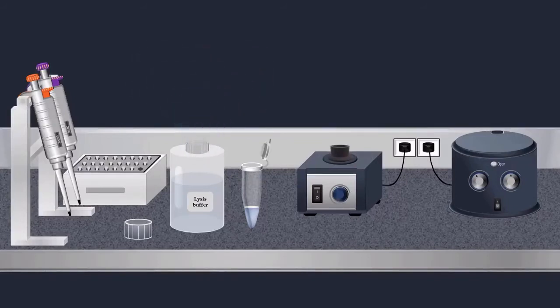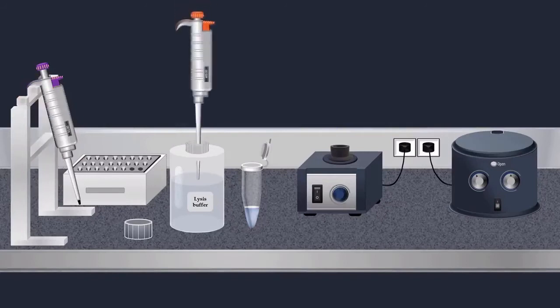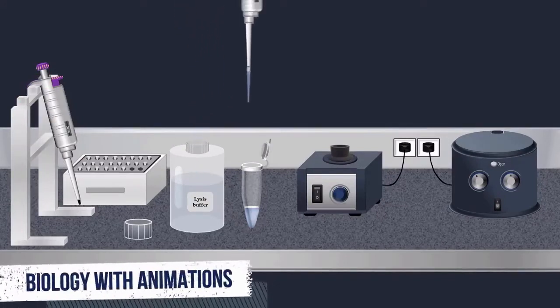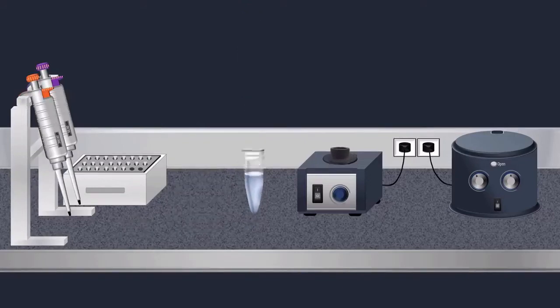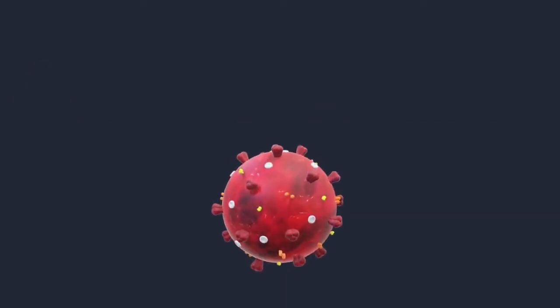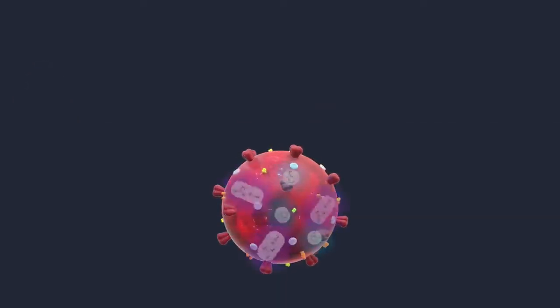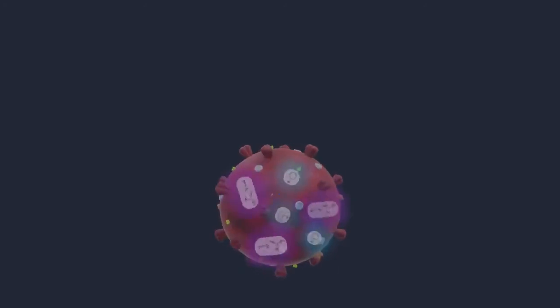Also, RNase inhibitors are usually present in the lysis buffer to ensure isolation of intact viral RNA. Once the lysis buffer is added, the tube is mixed by pulse vortexing and incubated at room temperature. Then the virus is lysed under the highly denaturing conditions provided by the lysis buffer.